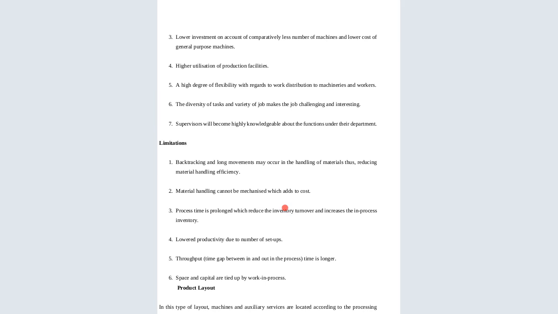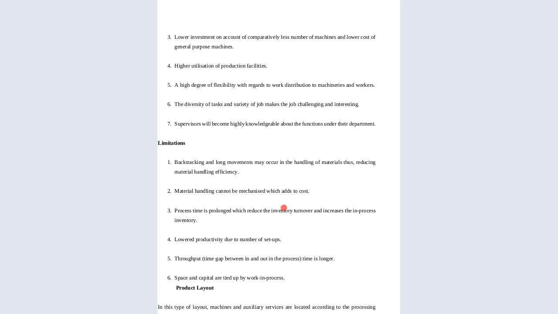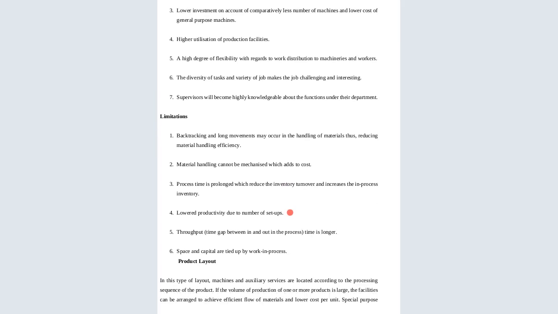Higher utilization of production facilities is another advantage. There is a high degree of flexibility with regard to work distribution to machines and workers. The diversity of tasks and variety of jobs make the job challenging and interesting. Supervisors will become highly knowledgeable about the functions in their department.